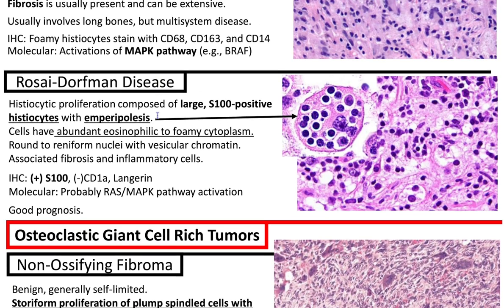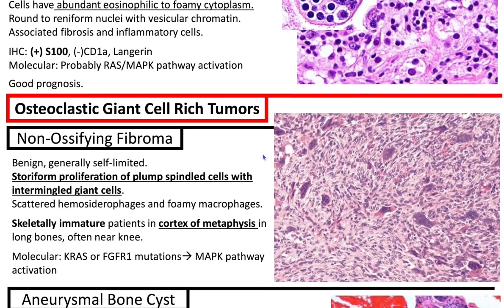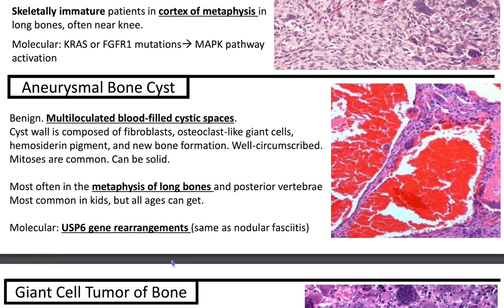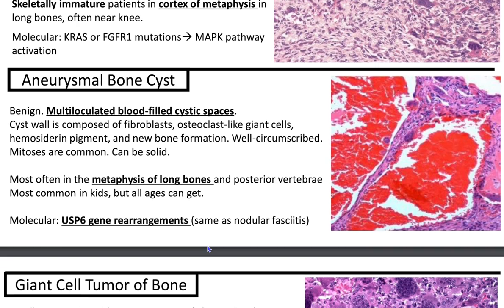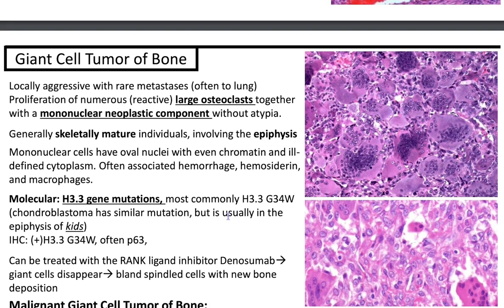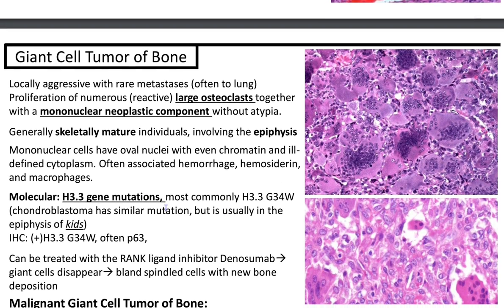Rosai-Dorfman, look for that emperipolesis, S100 positive histiocytes. Your osteoclastic giant cell rich tumors, your non-ossifying fibromas, which are really common, relatively storiform proliferation of plump spindled cells with intermingled giant cells. Your ABC, get that USP6 gene rearrangement if you're not sure if it's telangiectatic osteosarcoma. Giant cell tumor of bone has that H3.3 gene mutation.